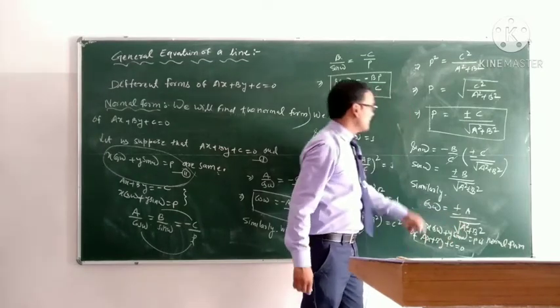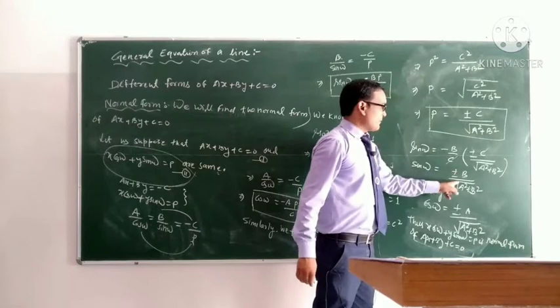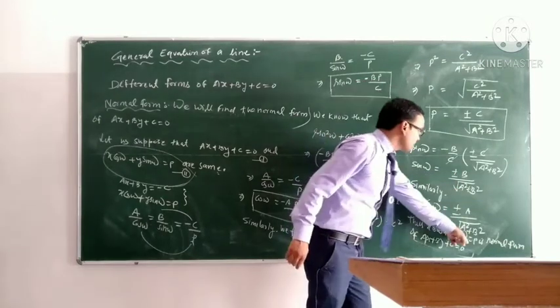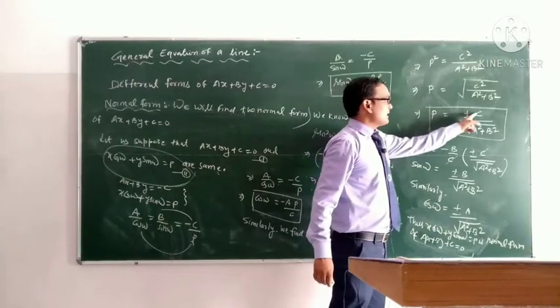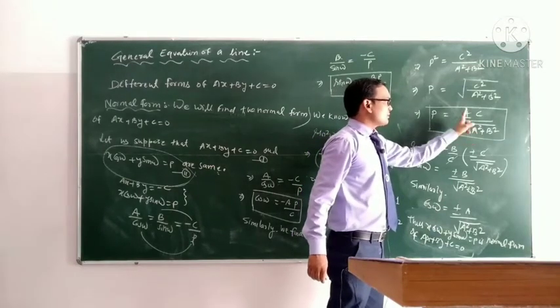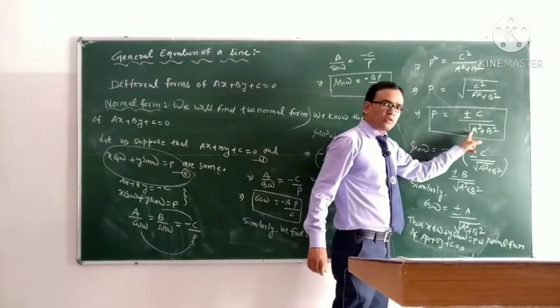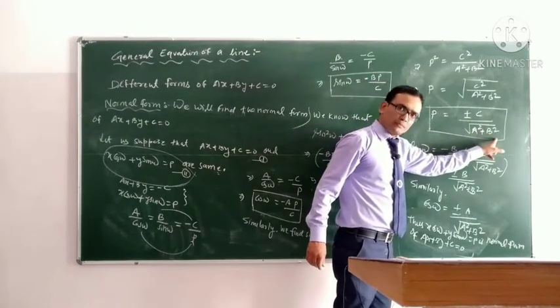Sin omega is plus minus b upon square root a square plus b square, and p is plus minus c upon square root a square plus b square.